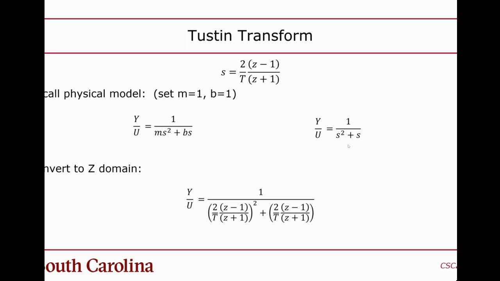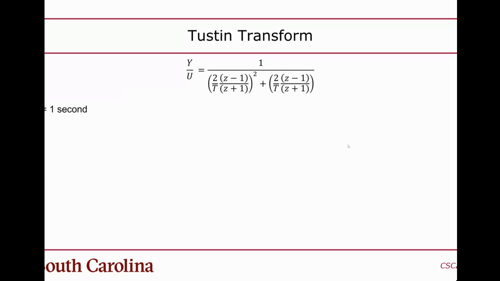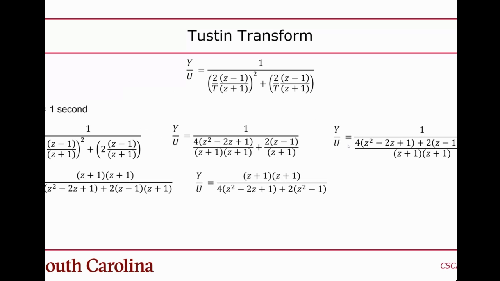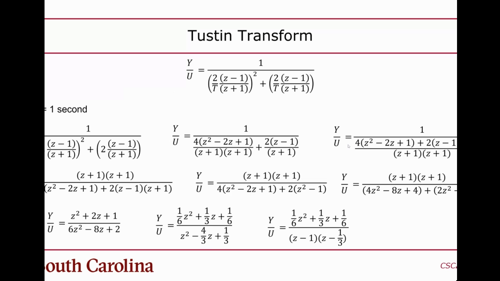And so I'm going to convert this from s domain to z domain by doing the Tustin transform. So you take the 2 over t times z minus 1 over z plus 1, and I substitute that in for s into my physical model. And so you got to go through all the math. I set t to 1 second again. So I'm not gonna go through every step here because I'm running a little short on time. But I worked it out.